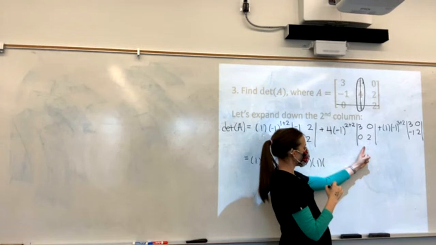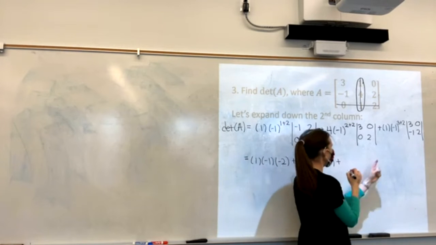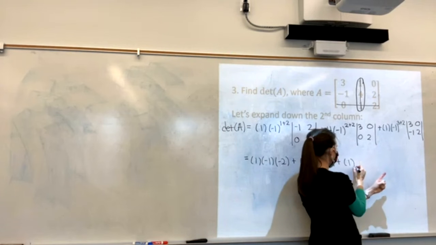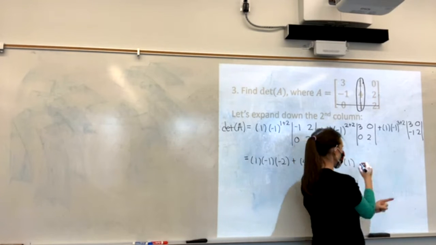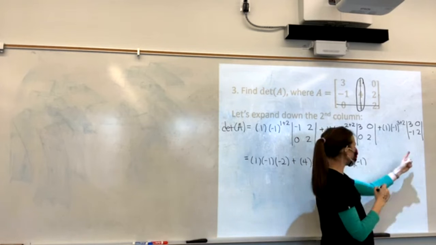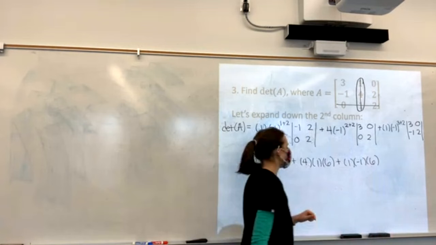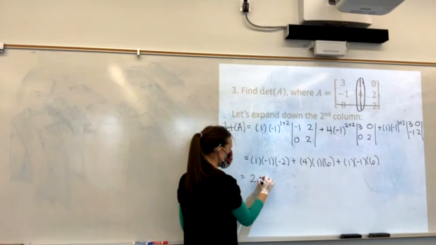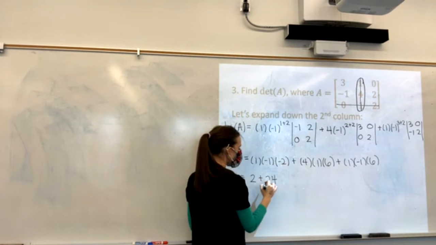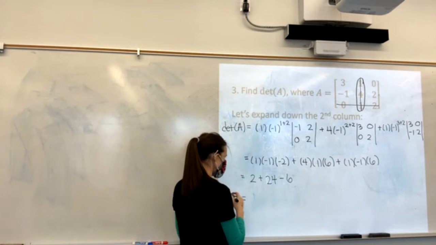And what's that determinant? 6. Okay. Then I have a 1. Positive 1 or negative 1? Negative 1. And what's that determinant? 6. Okay. So we have a positive 2, a positive 24, and a negative 6.